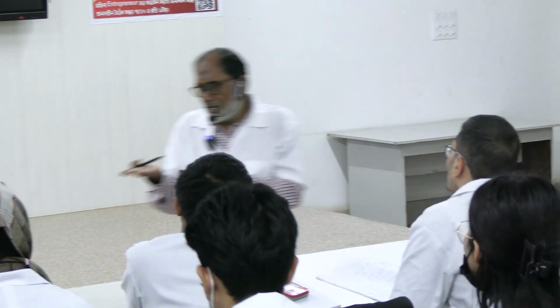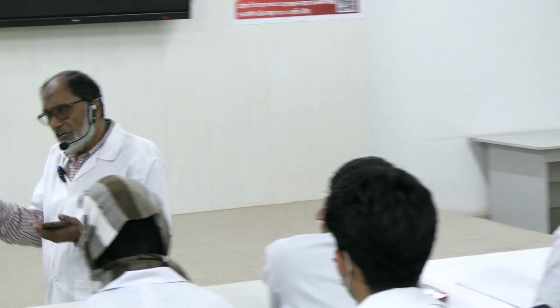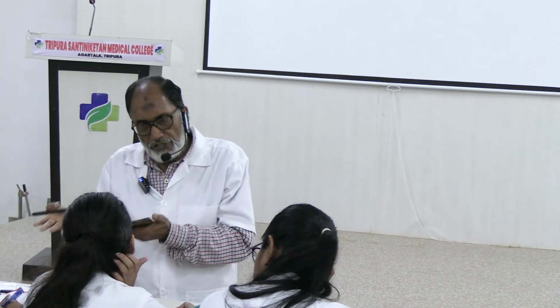You will be asked in the exam to show, when you see the adult heart, the interior of the right atrium and the interatrial septum.